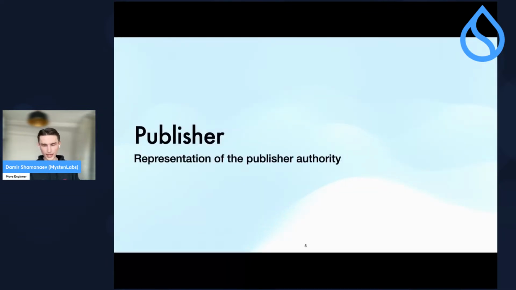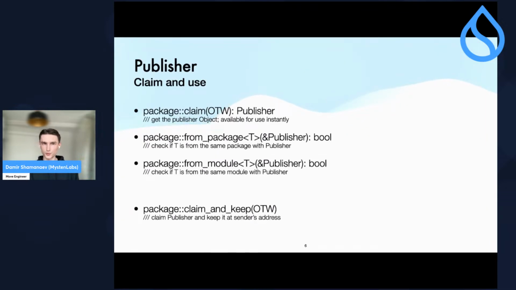Before we get to Display, there is one important concept that is crucial to support Display and most of our collectibles and trading features on Sui. The Publisher is a special object which has a very simple API.